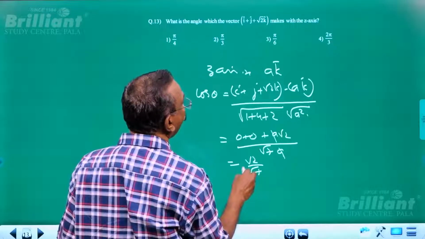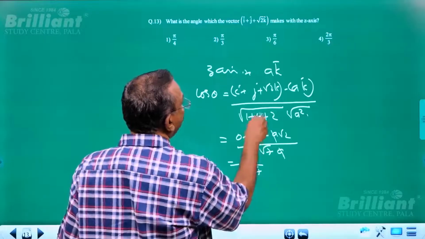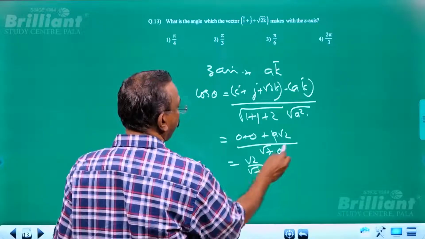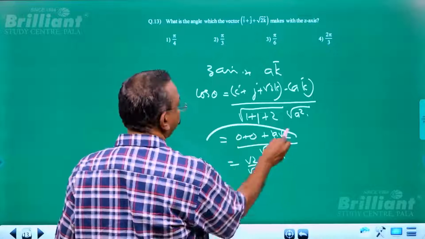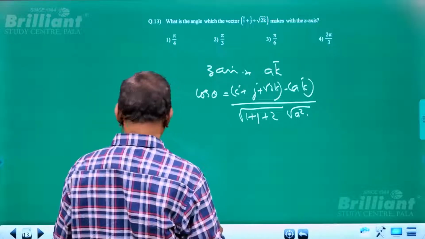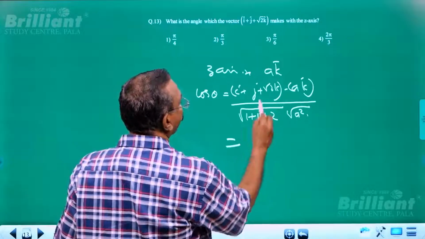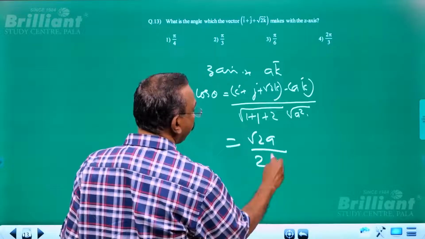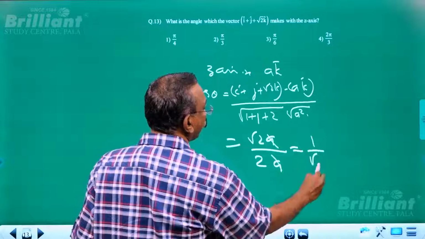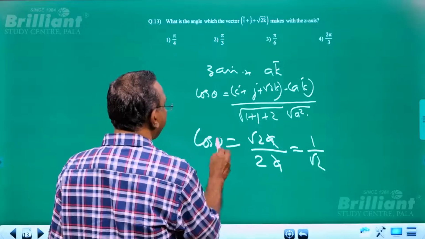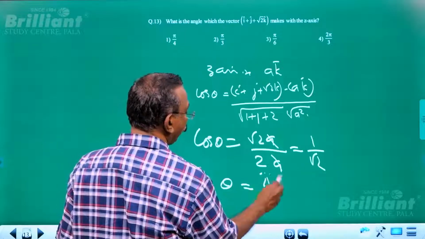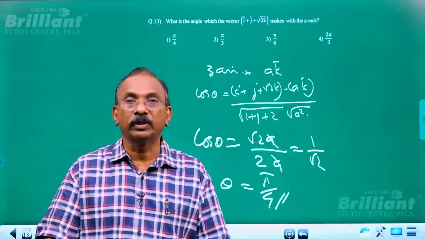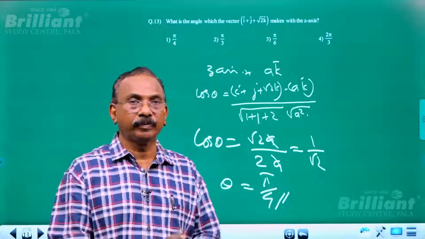The value becomes root 2a divided by 2a, a gets cancelled, so it is 1 by root 2. So cos theta is equal to 1 by root 2, then theta is equal to pi by 4. Option 1 is the correct answer.